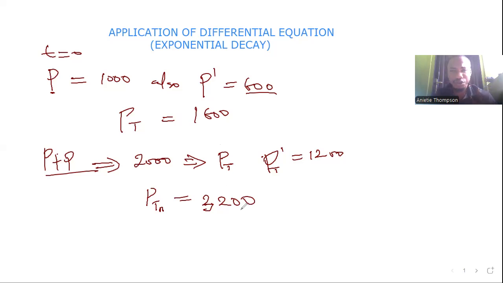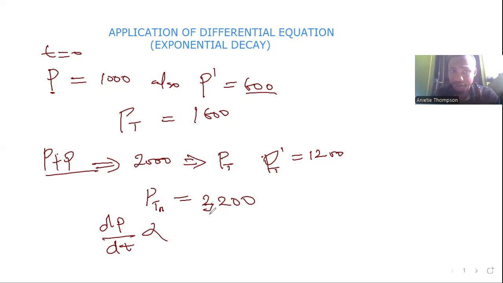Using this idea, we can say in a mathematical sense that the rate of change of the population with respect to time t is proportional to the population size. That means the more the population size, the more the increment. That is what I'm trying to show you.